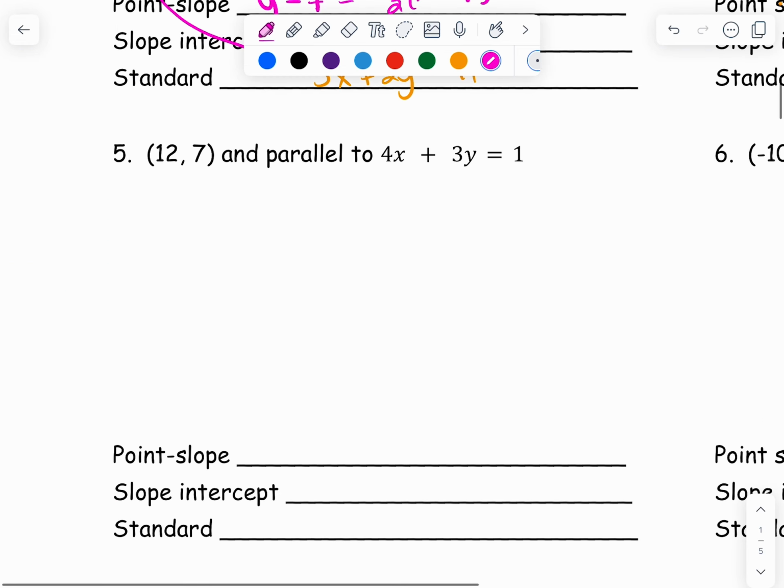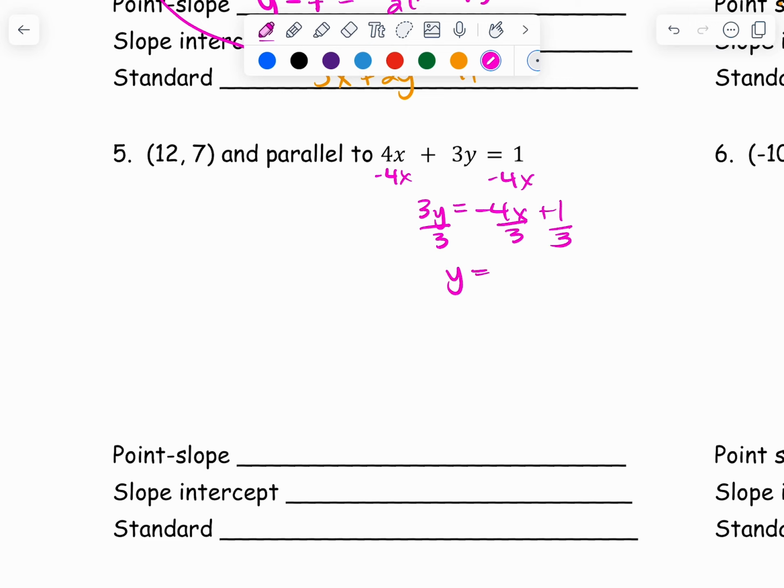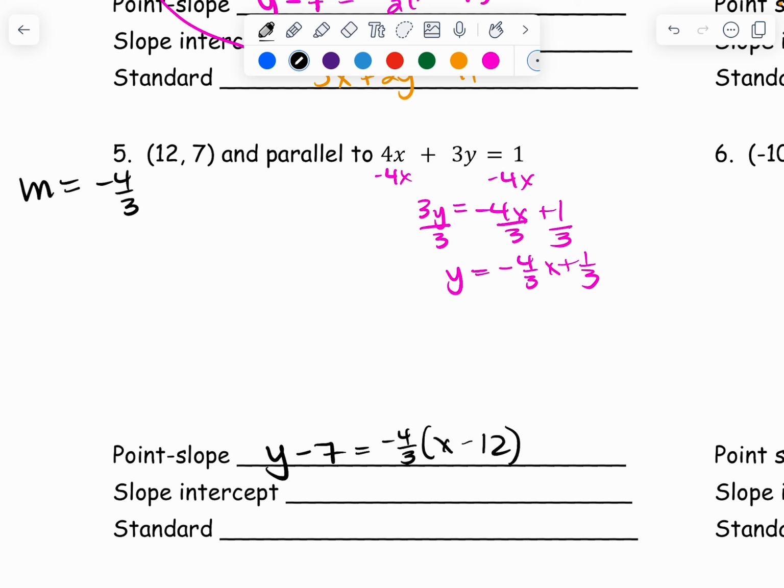Okay, this one. Again, it is parallel. So I get 3y equals negative 4x plus 1. Divide by 3, divide by 3, divide by 3. y equals negative 4/3 x plus 1/3. So parallel means that I'm going to have m equals negative 4/3. So that's y minus 7 equals negative 4/3 times the quantity x minus 12.